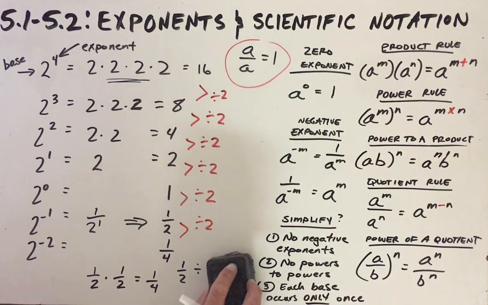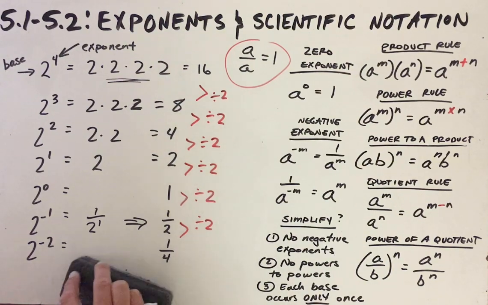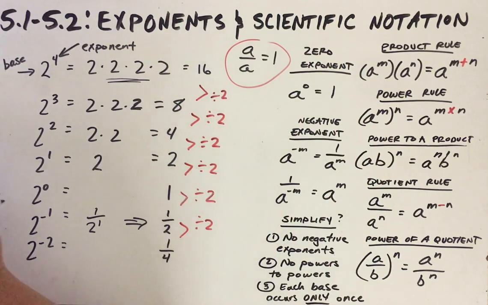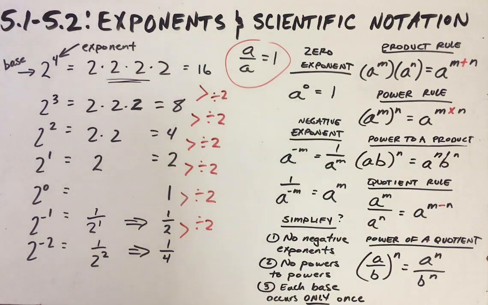If you had a half of something and you shared it with 2 people, you would now have a 1/4. Well, a 1/4 is the same thing as 1 over 2 squared. And you can see here that this negative exponent, if it goes to the basement, then becomes positive. So that's our negative exponent rules.